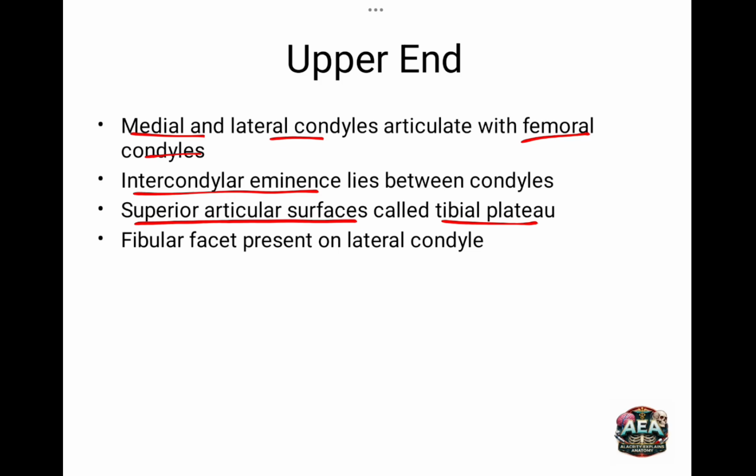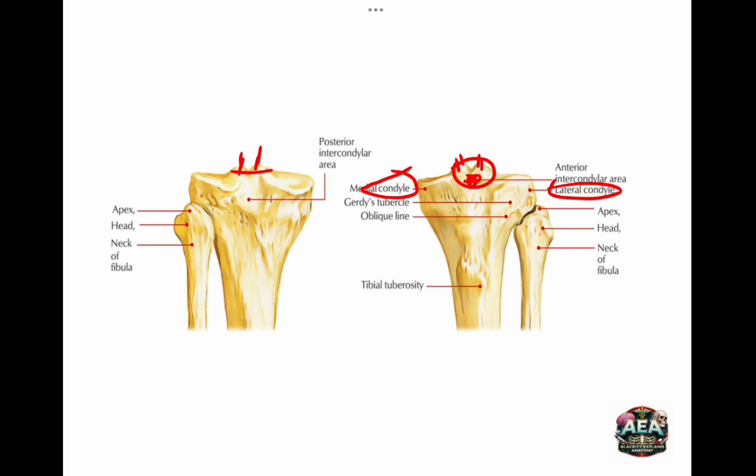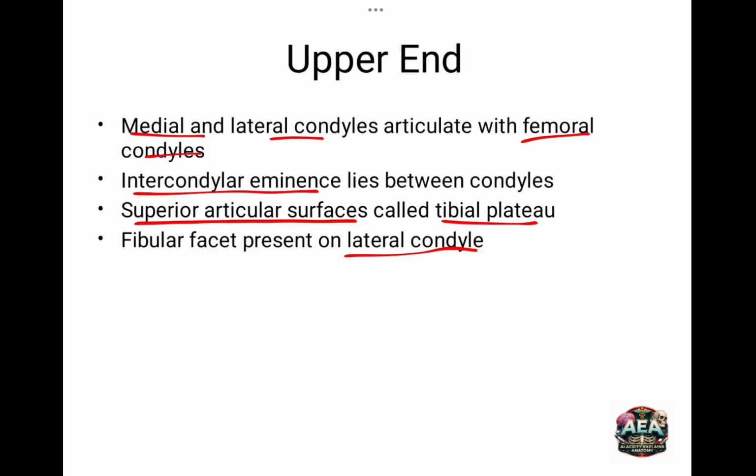So the fibular facet is present on the lateral condyle. If you look at the lateral part of the tibia, you see a fibular facet. It is a point on the tibia where the head of the fibula articulates.